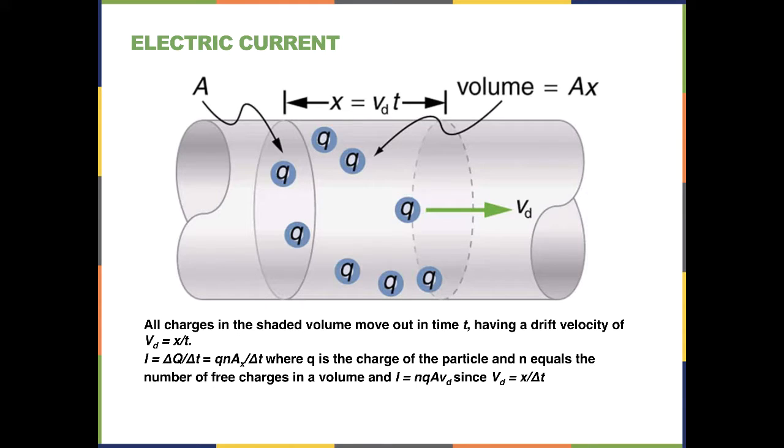Q represents the charge of the particle that's moving, n is the number of Q's per unit volume, and A sub x is the cross-sectional area. So if delta Q can be expressed this way, then I is going to equal nQA times the drift velocity, substituting v_d for x over t.